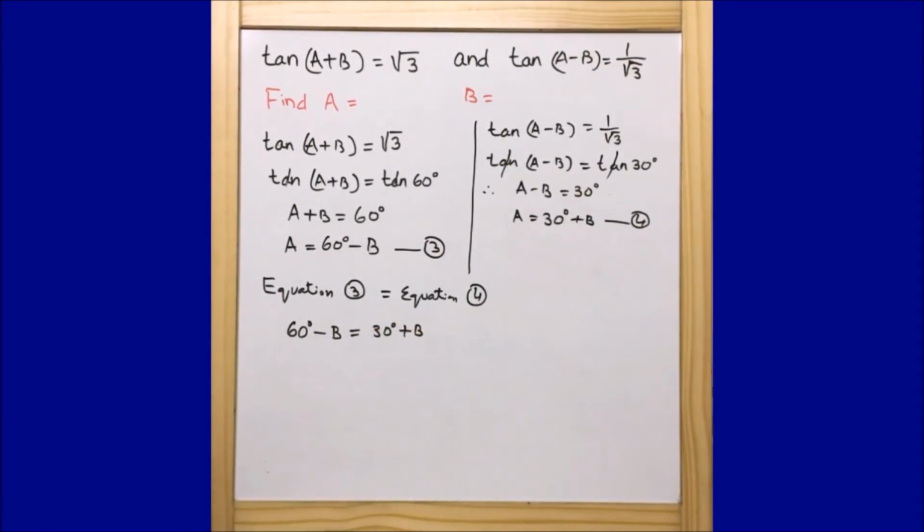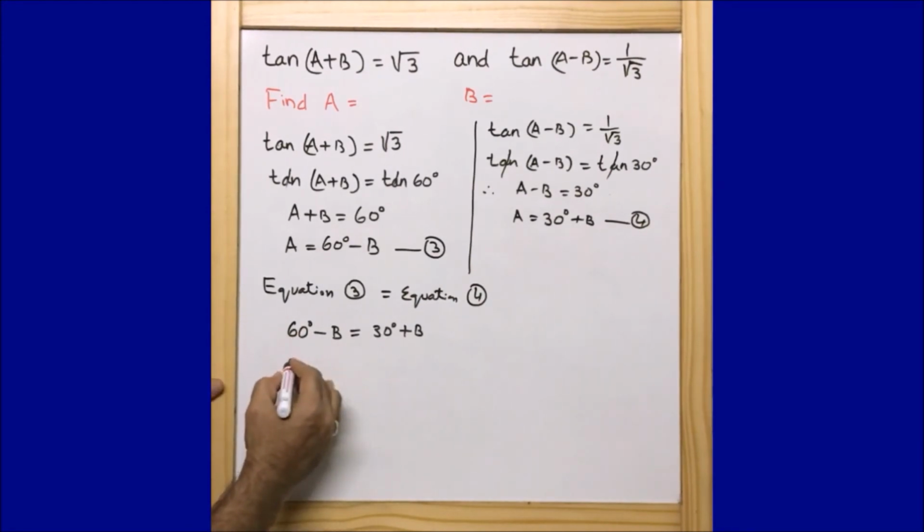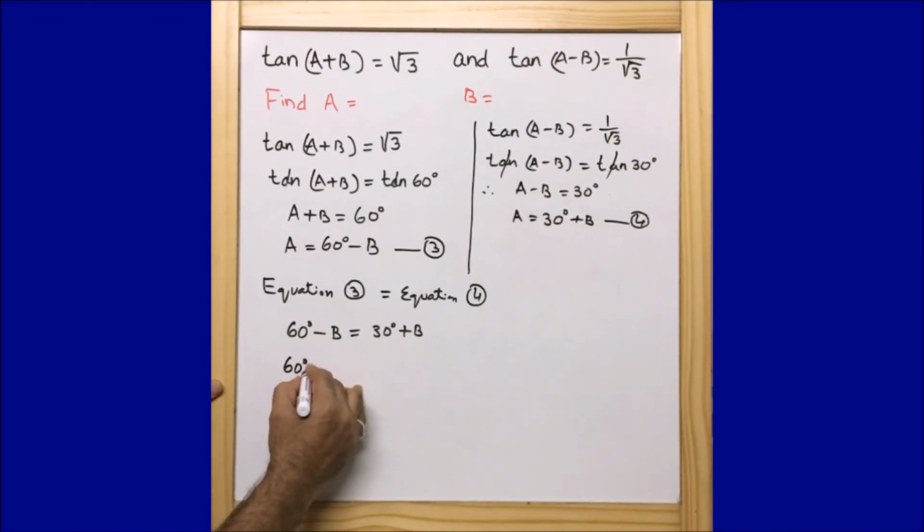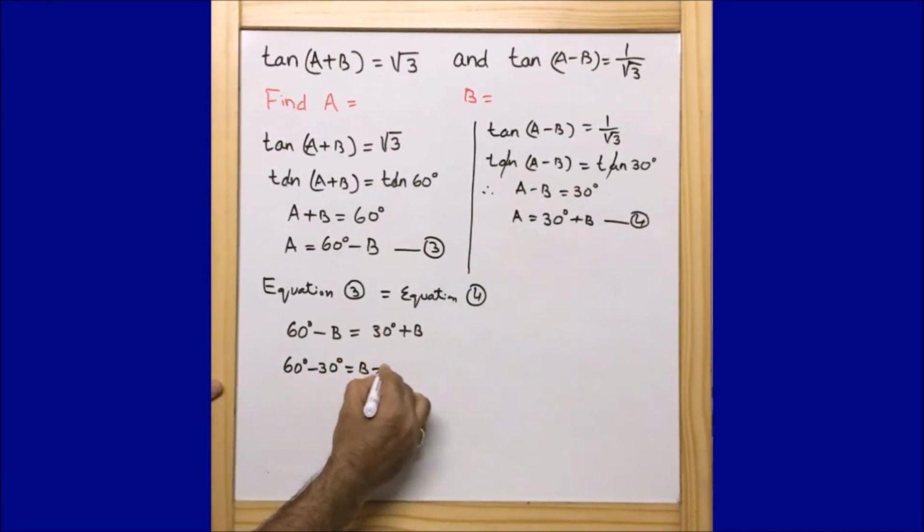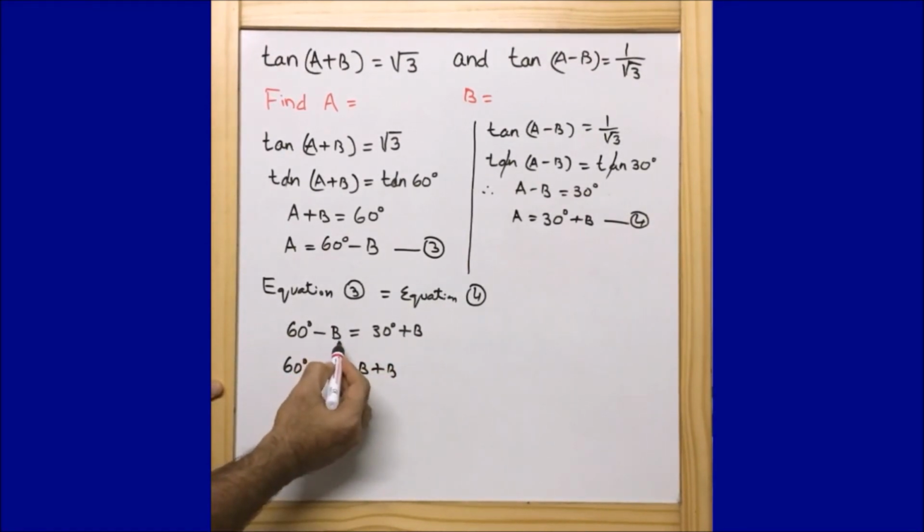Okay, I believe till here we are pretty clear. So now I can say 60 degree minus 30 degree is equal to b plus b, just moving this b to the right side and moving 30 degree to the left side.